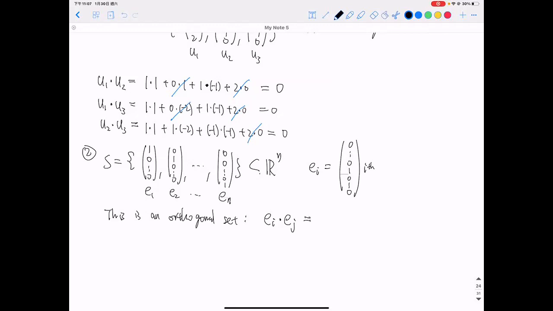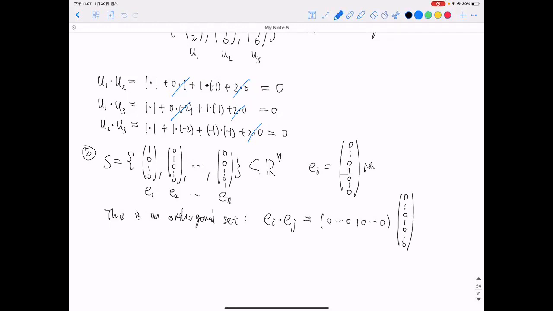For the sake of discussion, let's use the matrix description. So the dot product should be this matrix product.